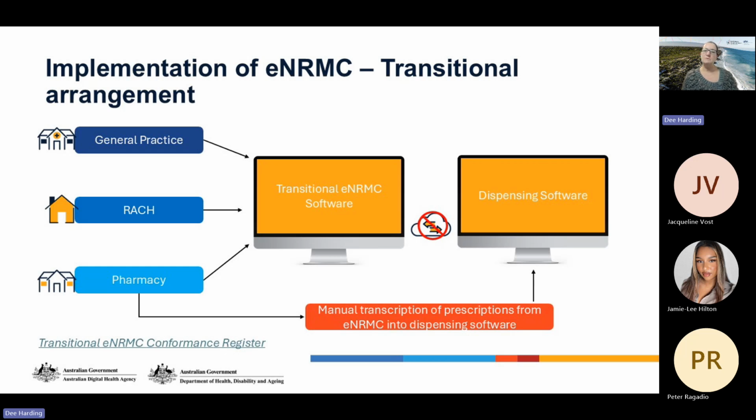It allowed residential homes to adopt transitional versions of the electronic National Residential Medication Chart system without requiring each individual residential home to be approved by the department to participate. Systems had to meet conformance to legislative and technical requirements at the time to be considered for this transitional system to be put in place.